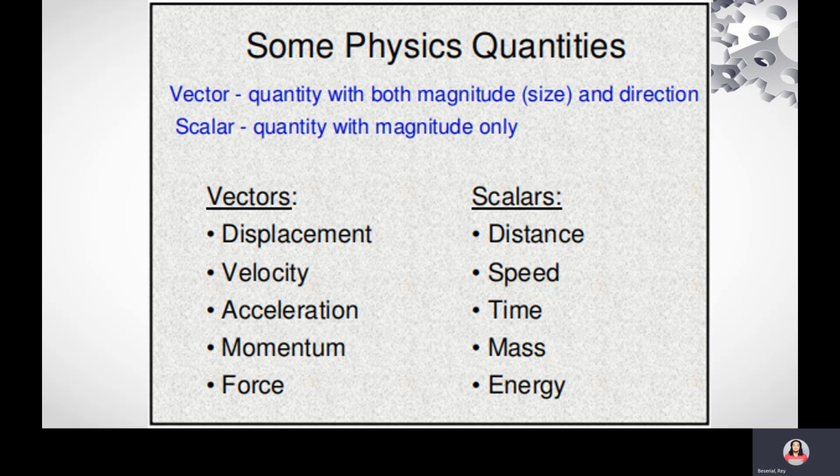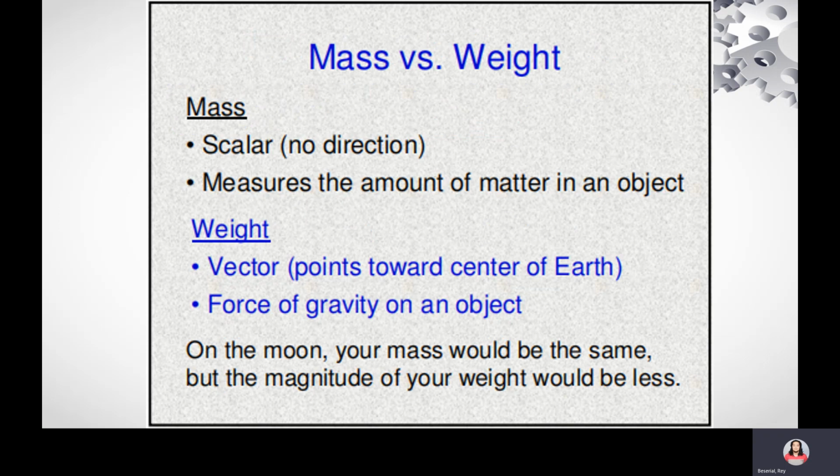Okay. So next, i-differentiate natin ano ang difference ng mass at saka ng weight. What is mass? Mass is a scalar quantity, so wala siyang direction. It only has magnitude. Mass measures the amount of matter in an object.